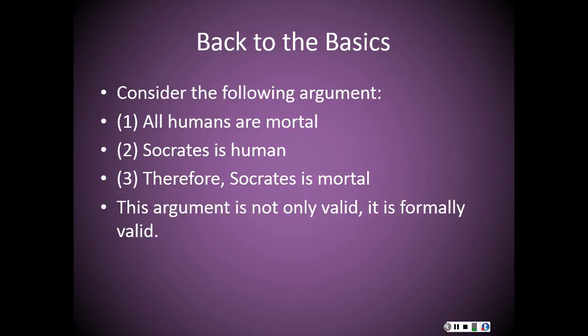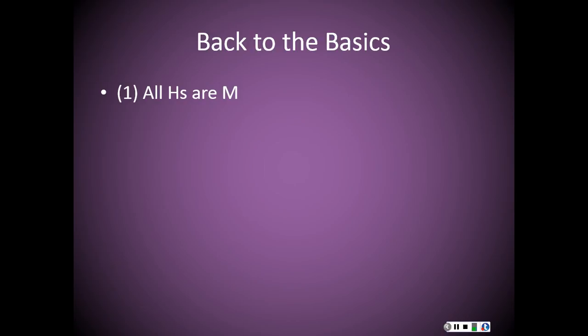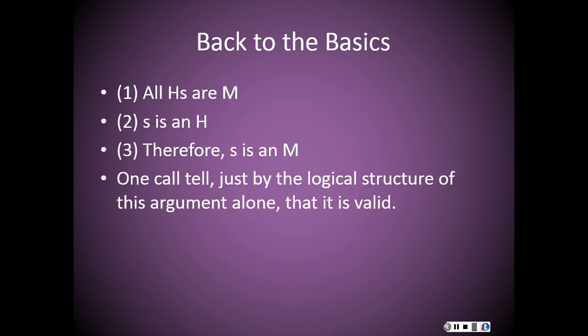And this argument is not only valid, it is formally valid. And we can see that because it has the following structure. All H's are M, S is an H, therefore S is an M. And one can tell just by examining the logical structure of this argument alone that it is valid.